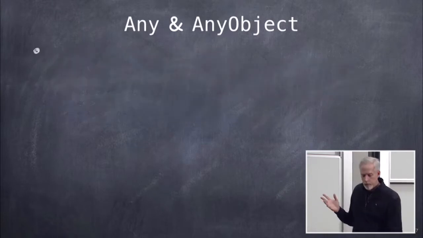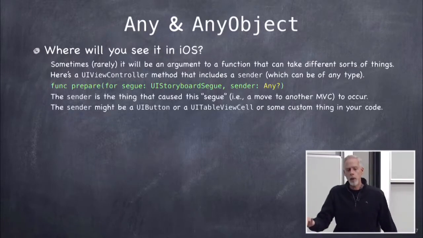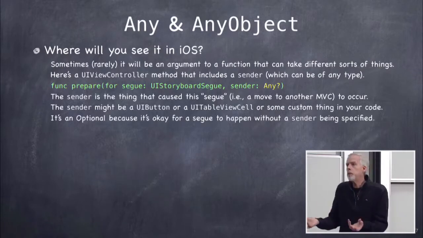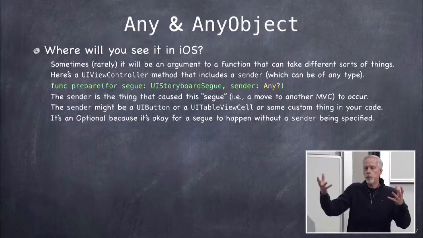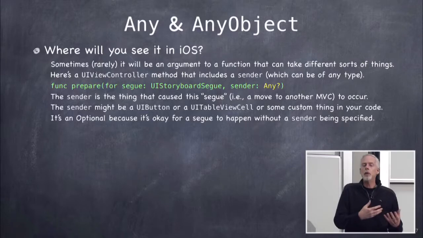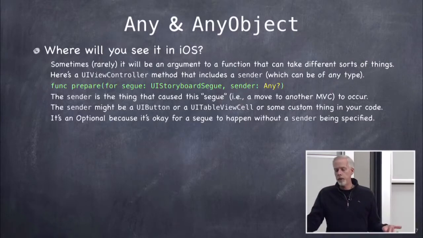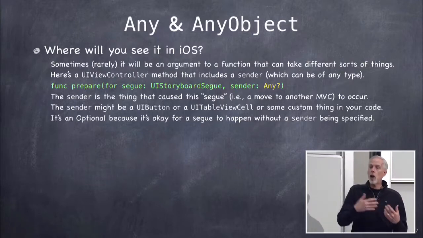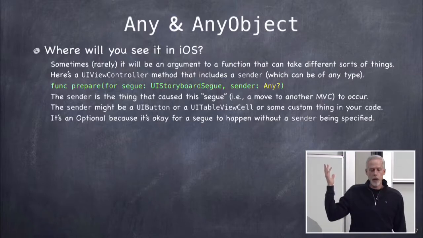So why do we have these AnyObject things? Where are they going to show up? Well, there are some methods in iOS where one of the arguments truly could be anything. One example here is when you have multiple MVCs, which we're going to learn about next week, the way you go from one to the next is called segueing. You segue from one MVC to the next. And the thing that causes a segue to happen is the argument in this method called prepare for segue, called sender.